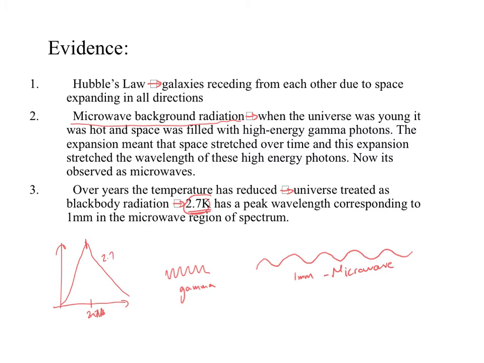And this is the wavelength against intensity for black body radiation, so that would be at 1 millimeter. So the peak wavelength corresponds to 1 millimeter in the microwave region of the spectrum. So these were the key pieces of evidence for the Big Bang theory.